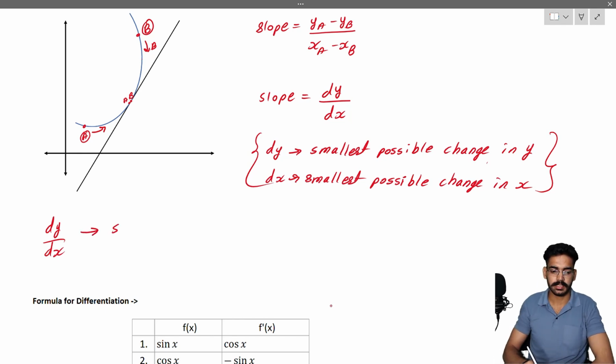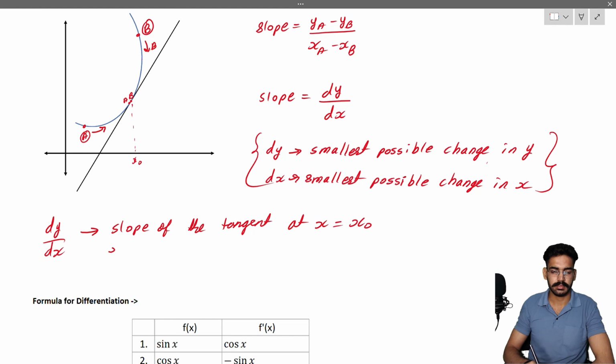What is dy by dx? Slope of the tangent at x equal to x naught. That is, this point I am calling x naught.